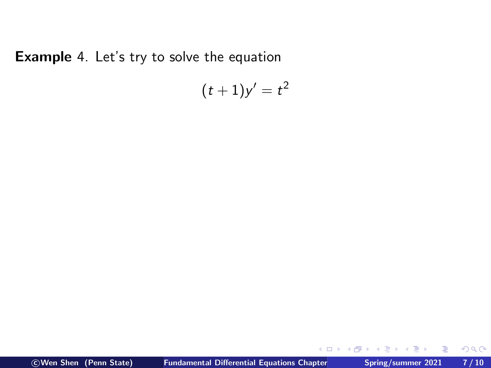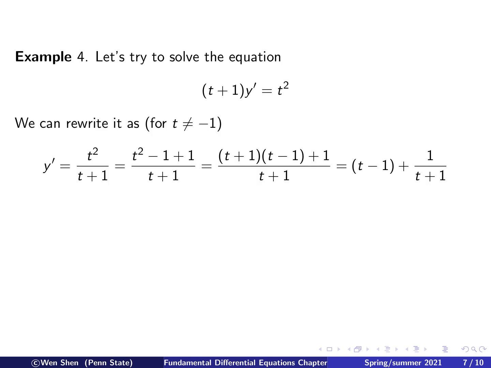In the next example, we will try to solve an equation. The equation is this: t plus 1 times y prime equals t squared. I know we have not talked about any solution algorithms and strategies, and yet for this example we shall be able to solve it just using basic calculus.